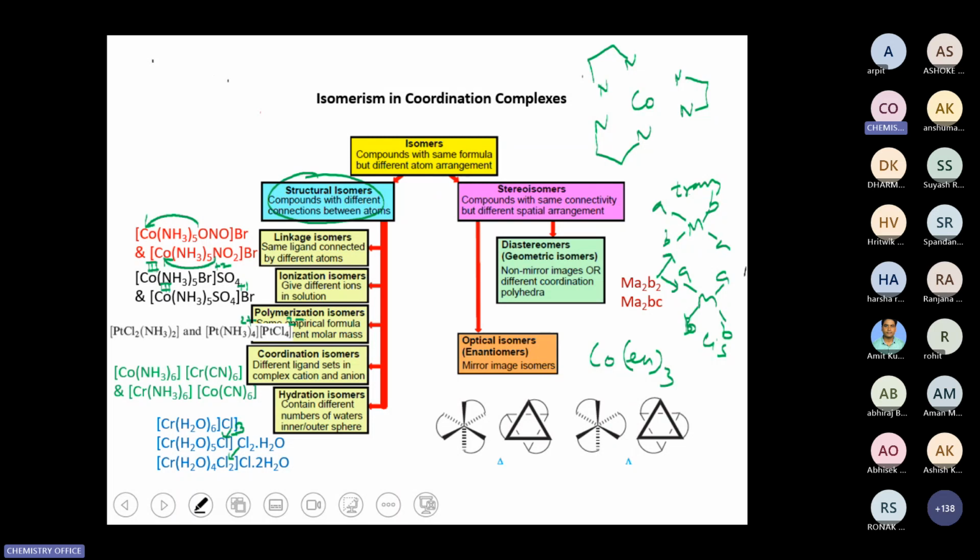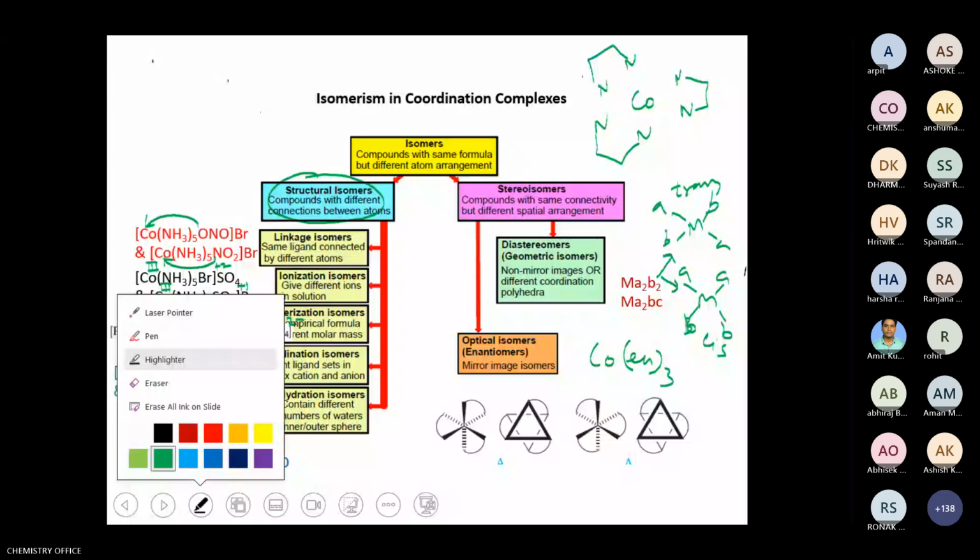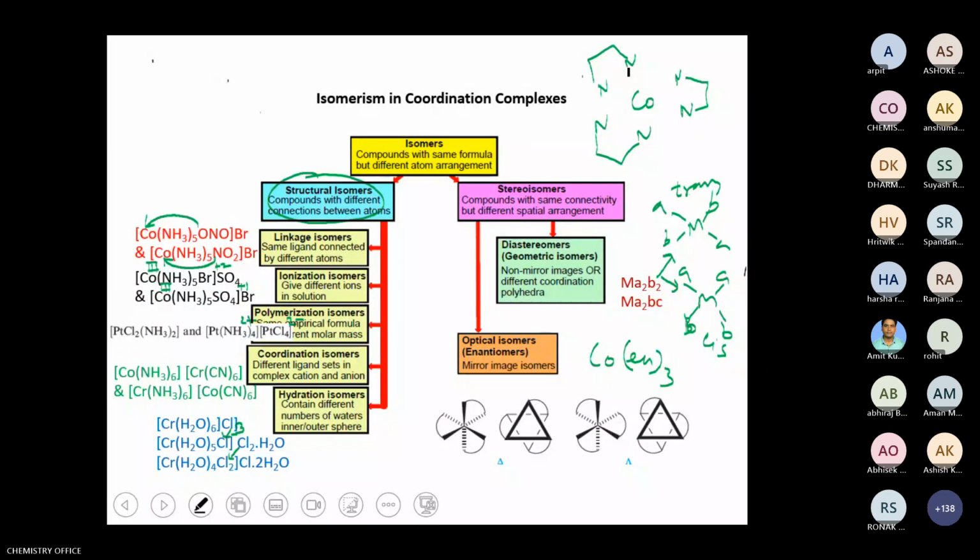We can represent it in this way. When we represent it in this way, there are 6 bonds and we are looking through a particular plane, a triangular plane, then it will be like this.